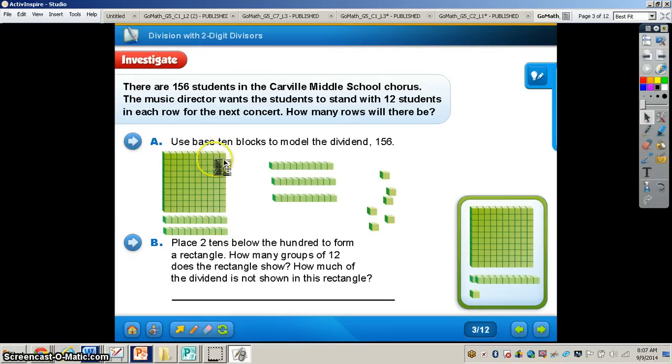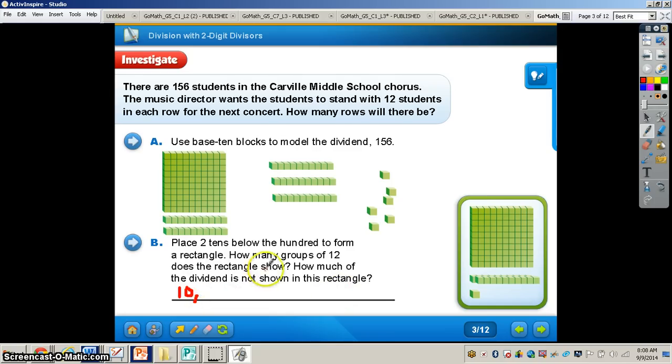Okay, so you can see each row there has 12 in it. All right, now how many groups of 12 does the rectangle show? All right, the rectangle shows 10 groups of 12. Okay, so that's 1, 2, 3, all the way down to 10. So that's why we place those 2 right underneath the 100 there. Okay, so on letter B, we can write 10 for the first answer.